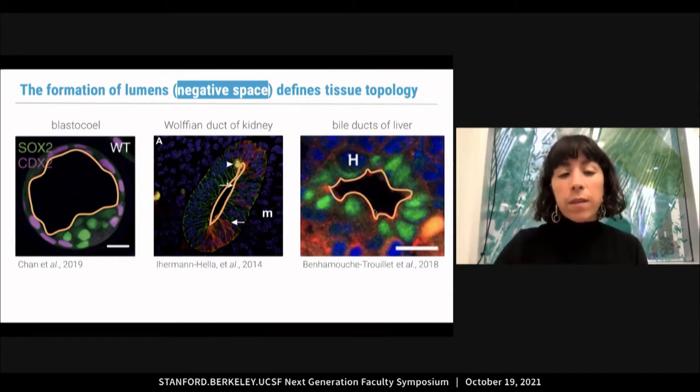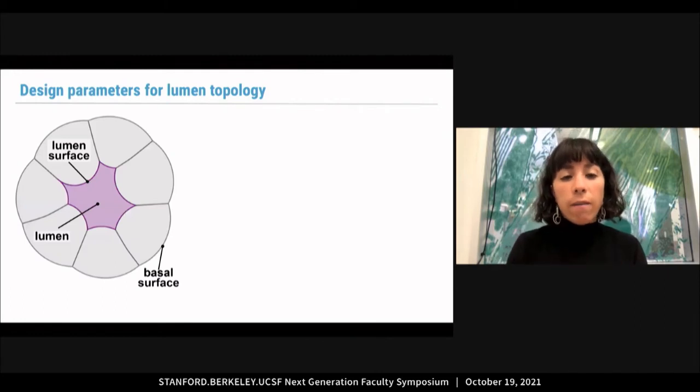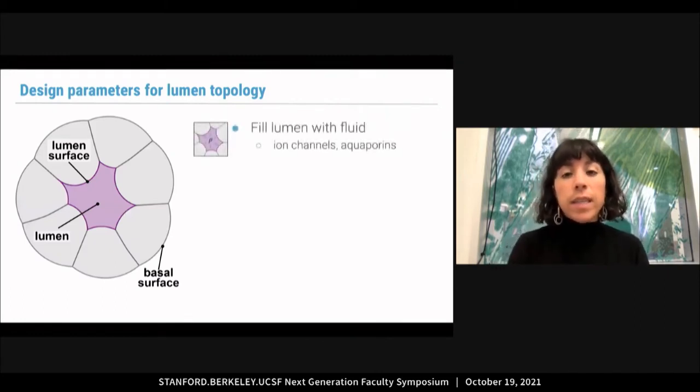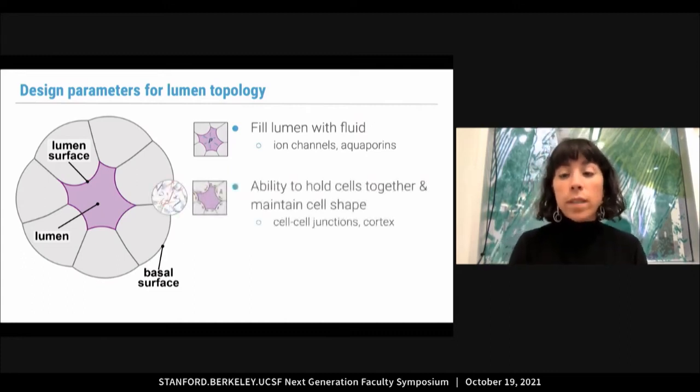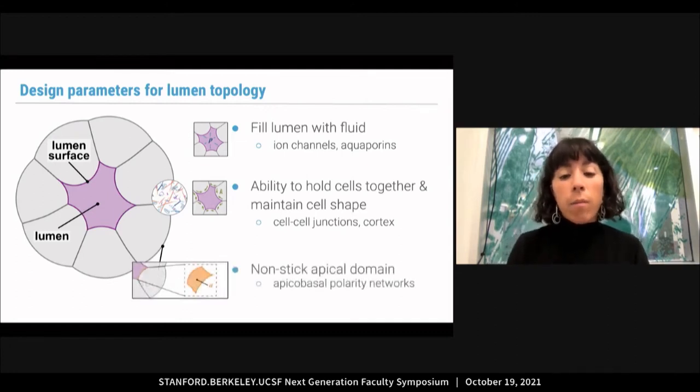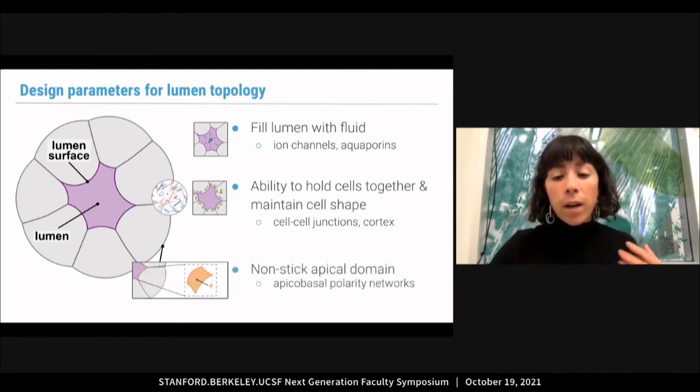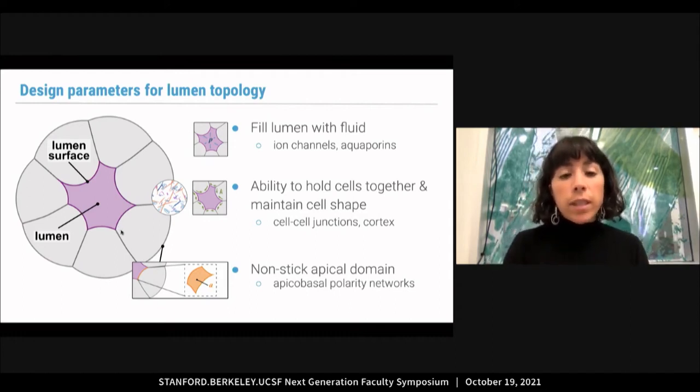And despite these different shapes of these lumens, they all have kind of the same design parameters to make a lumen. So there's a need to be able to fill the lumen with fluid, the ability to hold cells together and maintain cell shape, and the ability to form an inside and an outside, or an apical and a basal side of the cell. And what I'm interested in is how do different lumens depend on these different parameters?